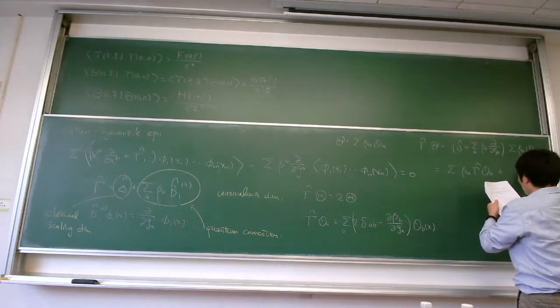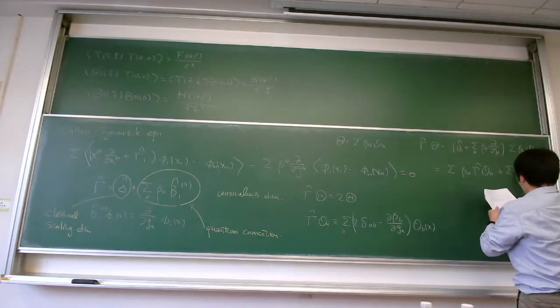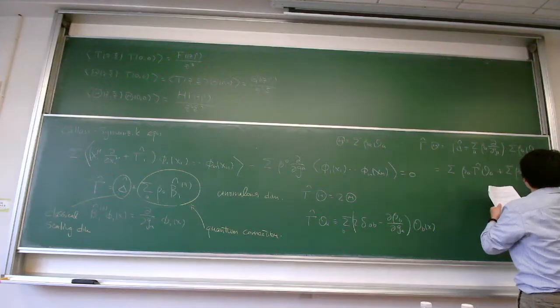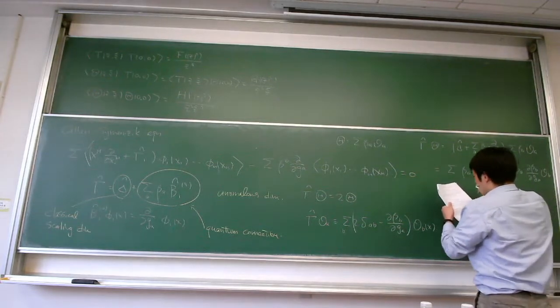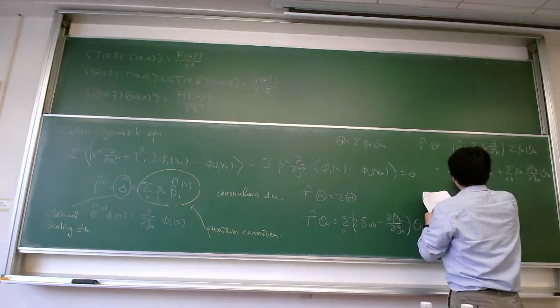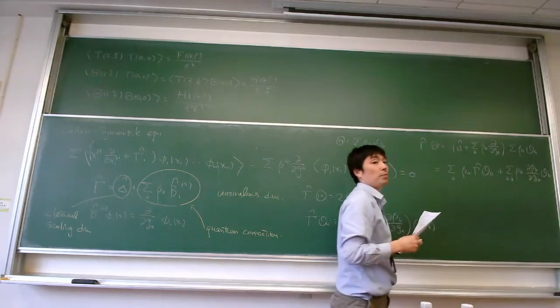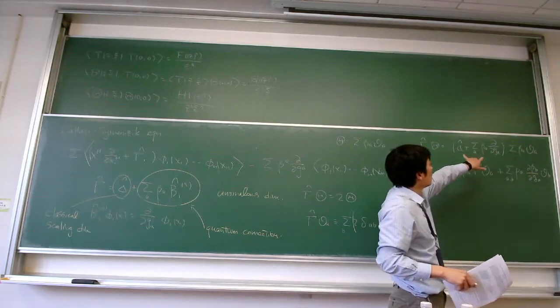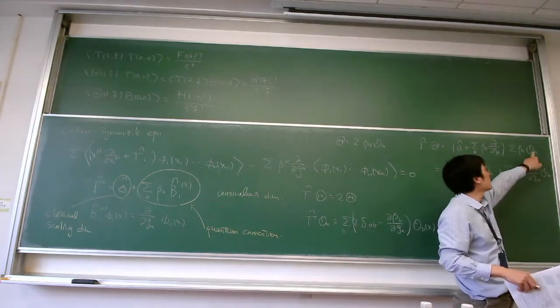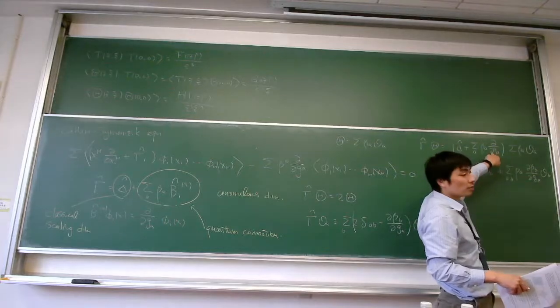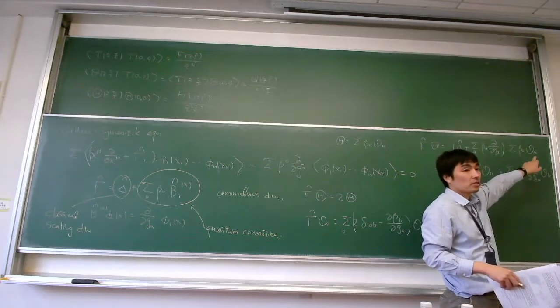So you have the sum of beta A, beta B, derivative with respect to g B. So this is what's going to happen. The gamma acts on O, and the derivative with respect to g also acts on the beta. So therefore, it can act on it.